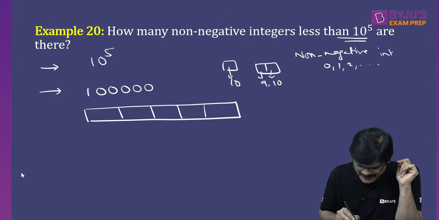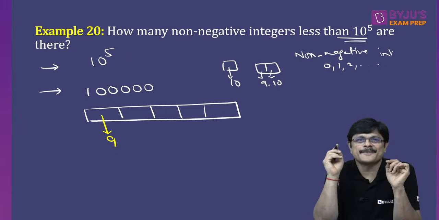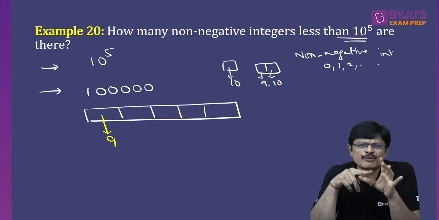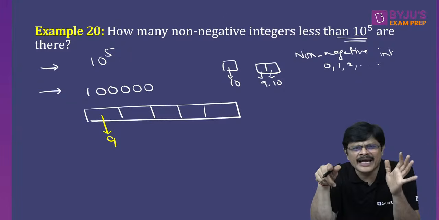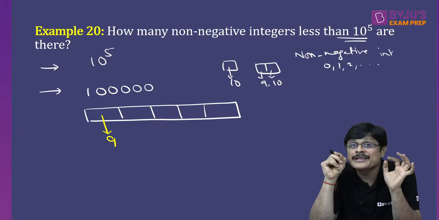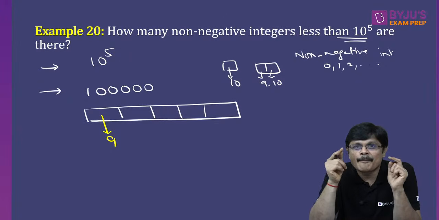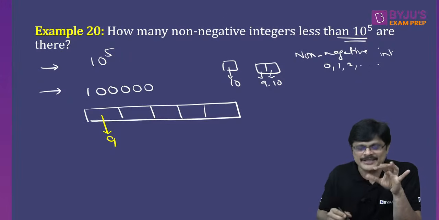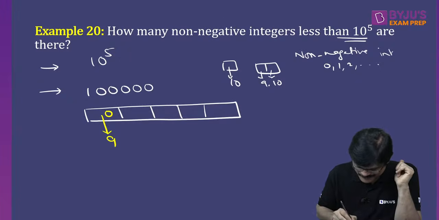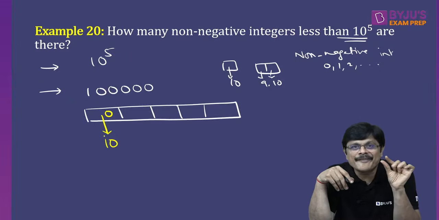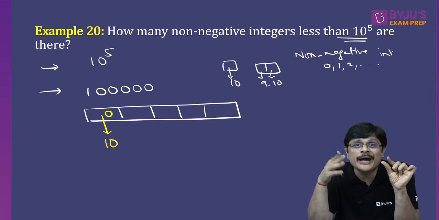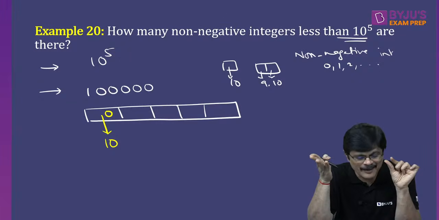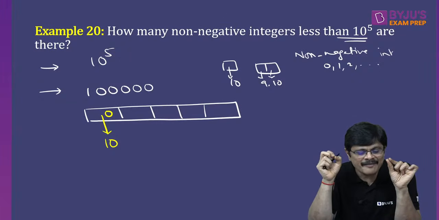If you take 9 choices for this, with 1, 2, 3, 4, 5, 6, 7, 8, 9, with 9 choices we get a 5 digit number. But if I include 0 also, the 9 choices are already done, no? The 10th choice: if I include 0, that is, if I put a leading 0, it becomes a 4 digit number also. I am also including 4 digit numbers. Am I clear? So this is the idea, my dear friends.